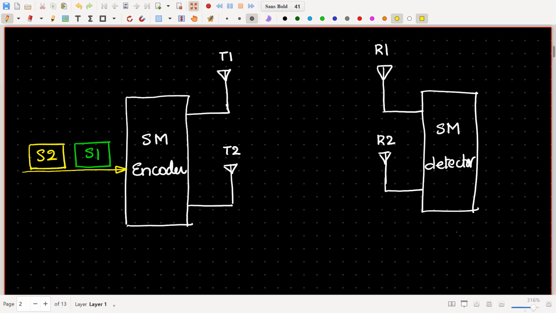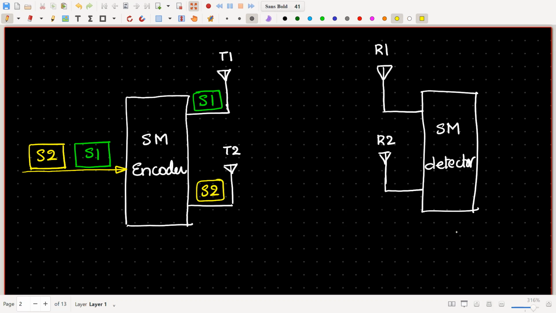So as we know very well, let's assume like this: transmitter antenna 1 is taking responsibility in transmitting the symbol S1, and transmitter antenna 2 is taking responsibility in transmitting symbol S2.